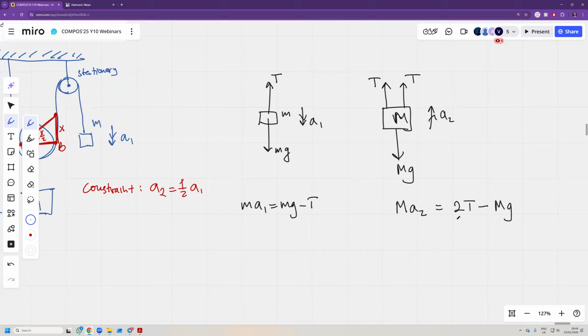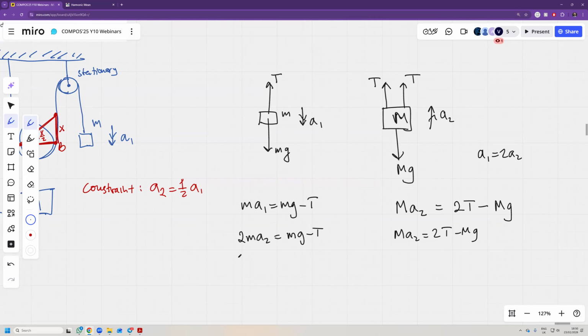Okay, and remember that A2 is half of A1, so A1 is 2A2. So 2m a2 equals mg minus T. And here we have M a2 equals 2T minus Mg.